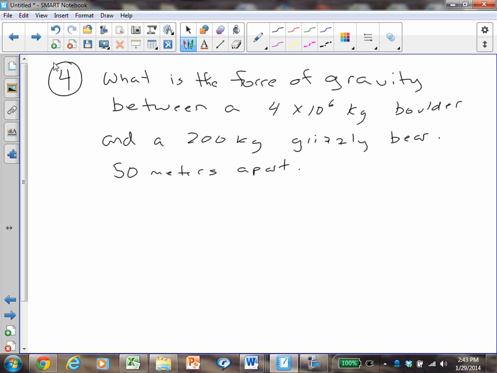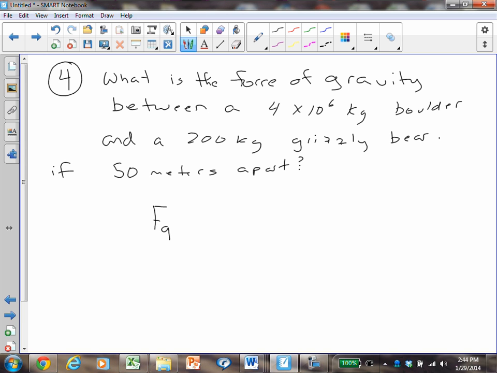What is the force? Oh, wait. 50 meters apart is the first question. What is the force of gravity between a 4 times 10 to the 6 kilogram boulder and 200 kilogram grizzly bear if 50 meters apart?